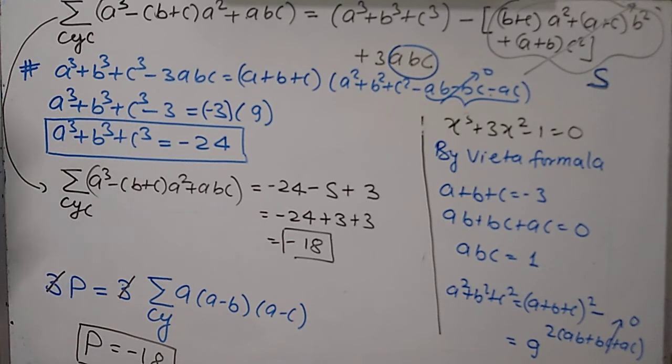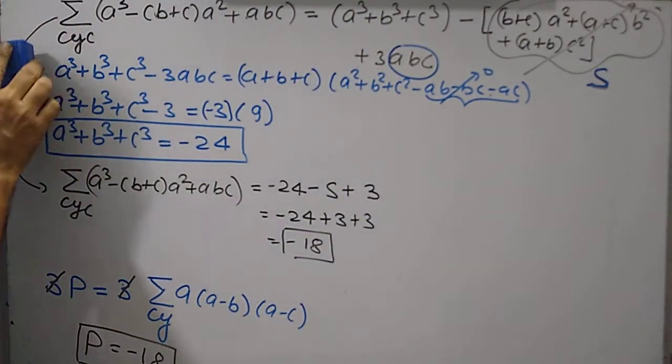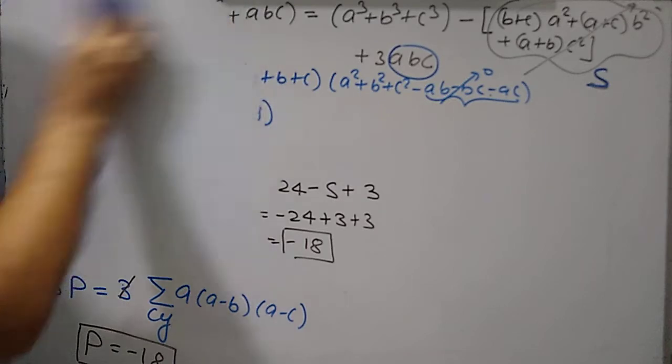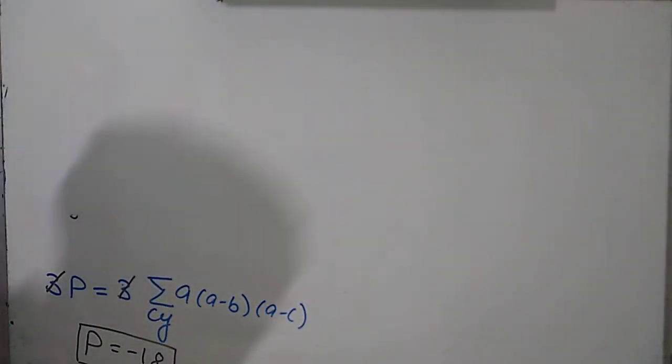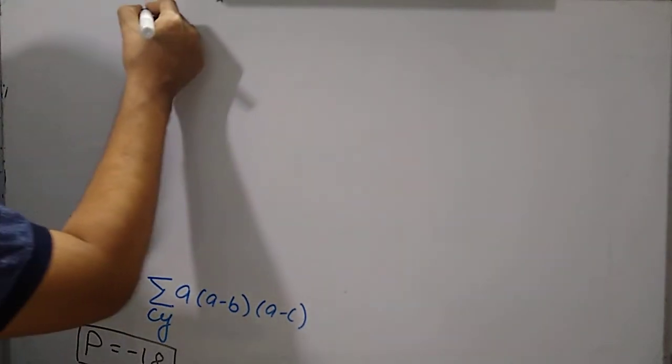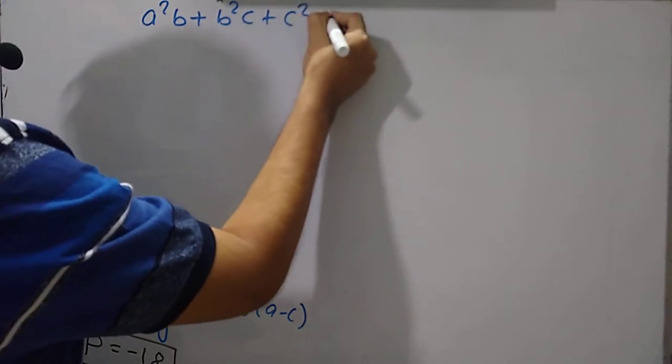Now come to the question. In the question, it is given to find the value of a square b plus b square c plus c square a.